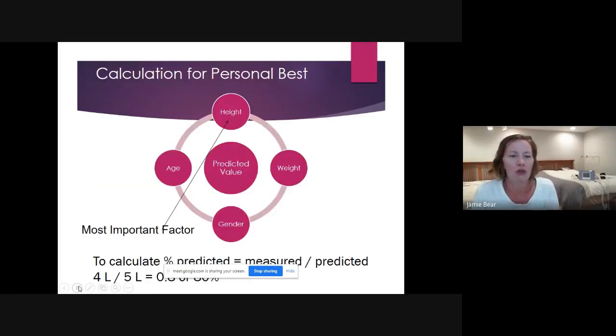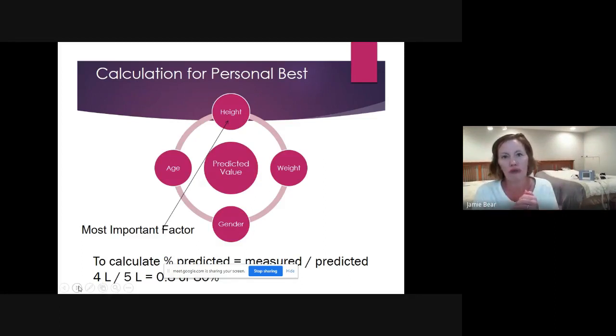So when you're given somebody's personal best or predicted values, of course, it's mainly predicted on the patient's height. Now, don't worry about having to memorize predicted values. As I said before in class, there's no way you could, because it has all these different predictors that go into it.